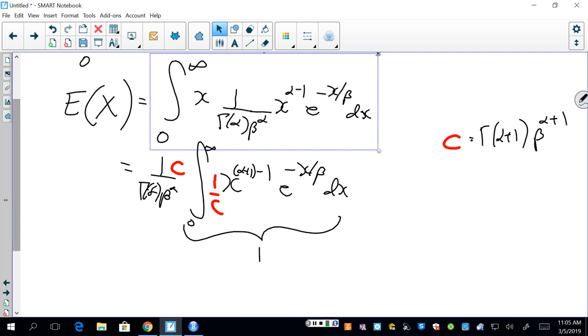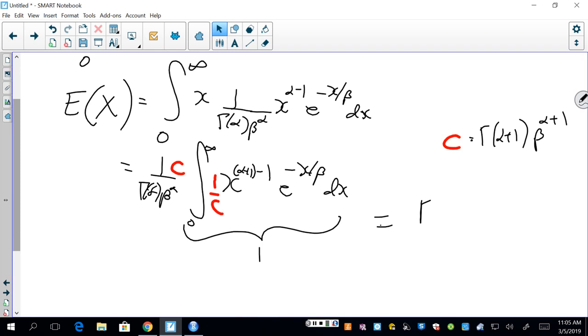If you put that in the bottom, then that whole integral should integrate to 1 because it's a density. Then you're left with the C out front: gamma of alpha plus 1, beta to the alpha plus 1, over gamma of alpha, beta to the alpha.